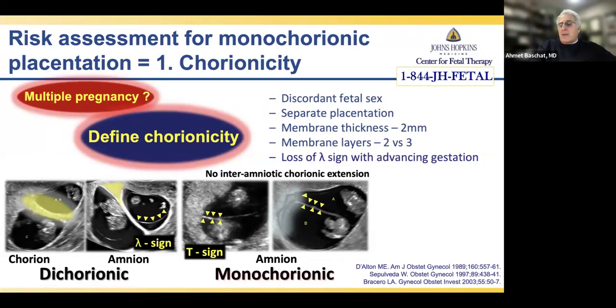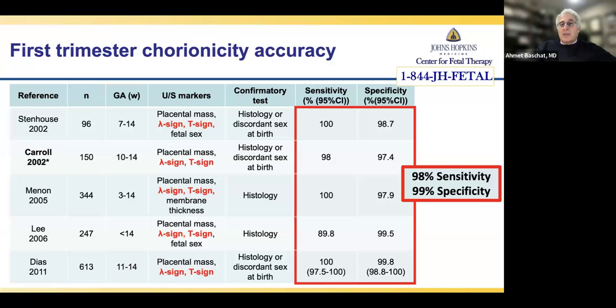The other signs that can suggest a dichorionic pregnancy are discordant fetal sex, separate placentas, obviously, and if the membrane thickness of the intertwin membranes is over 2 millimeters, if you can see more than 2 membrane layers. And it's important also to recognize that the lambda sign is lost with advancing gestational age.